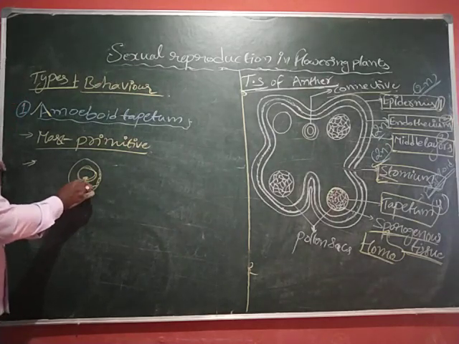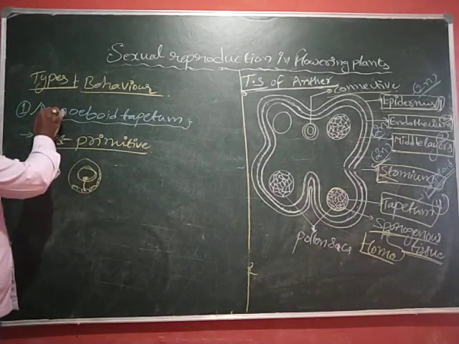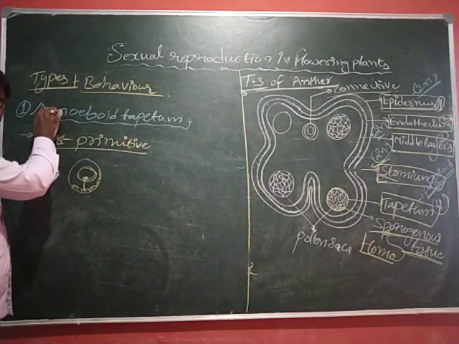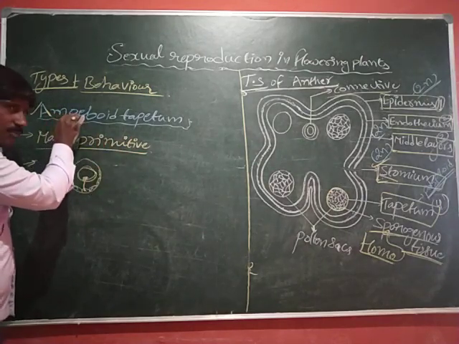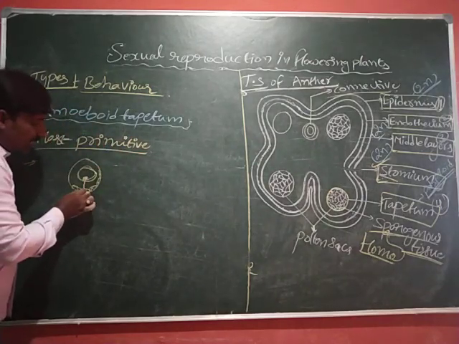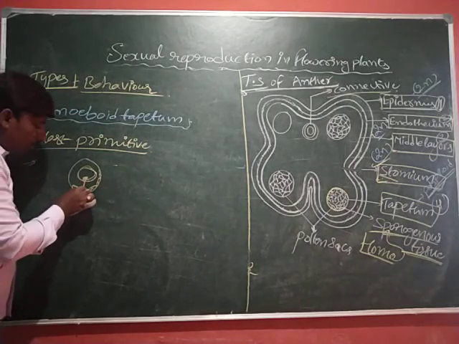Now I am repeating once again, all of you listen carefully. In amoeboid tapetum, the most primitive type of tapetum, the tapetal cells undergo rupture or breakdown.